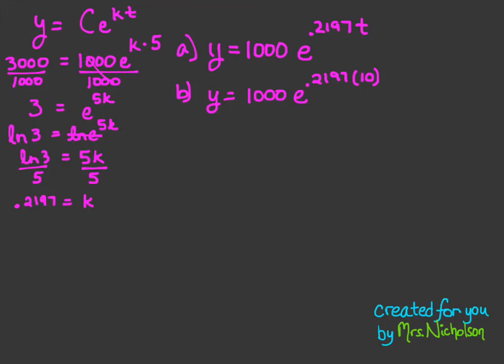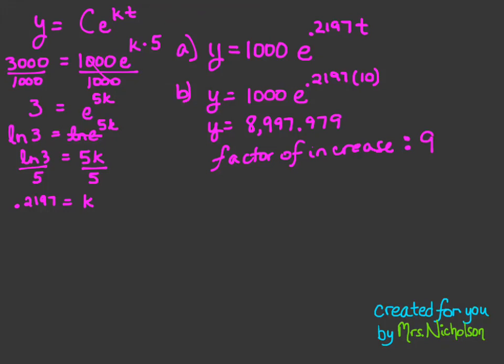And if you put that in your calculator, you get a resulting population of 8,997.979 bacteria. Now the question said, by what factor does it increase? Our factor of increase here is 9. We have 9 times as many bacteria after 10 days as we had when we started. The factor of increase is 9.